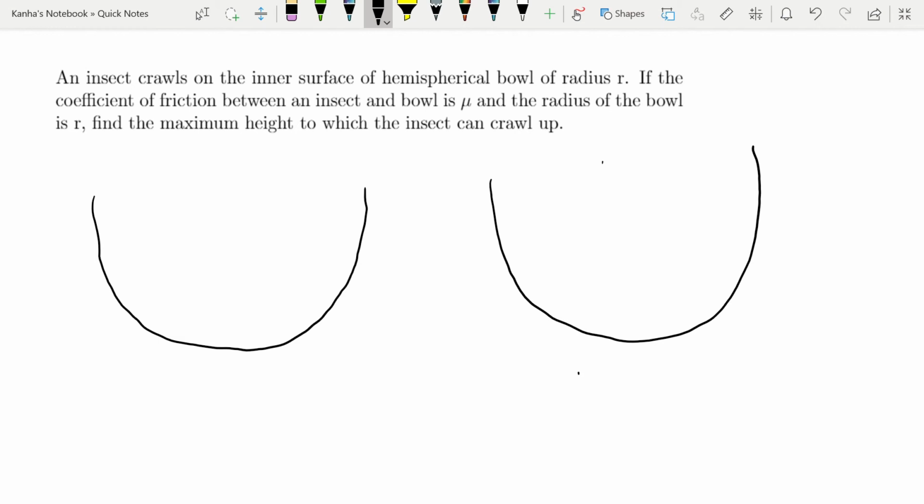But because it's crawling, there is a frictional force as well between its feet and the walls of the hemisphere that is trying to oppose the motion of going down. Let me make this really clear with a small diagram. This is the center. Let's say my insect is at this height. I'll just draw some basic things. This is my radius r.